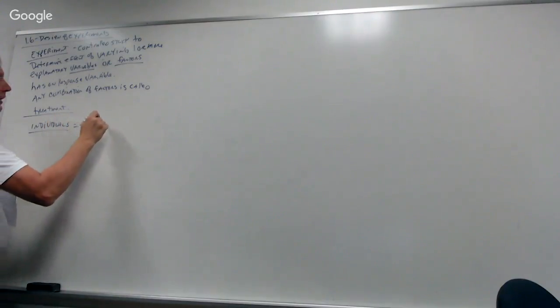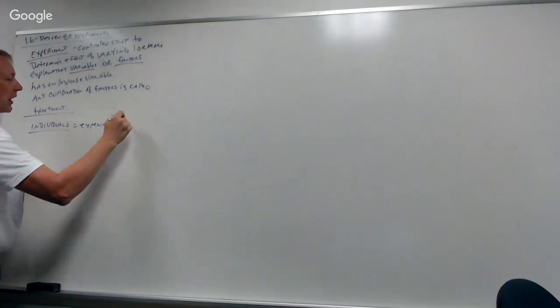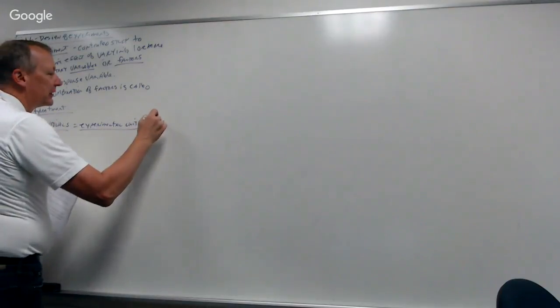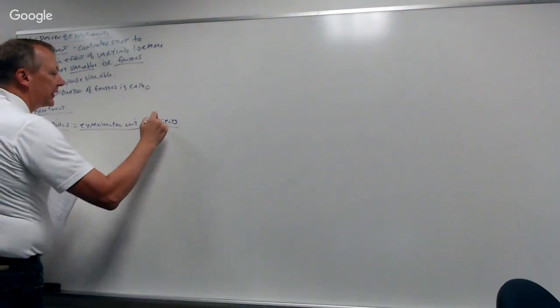So in the past, we've talked about individuals. In this section, it's called an experimental unit, which we will never use again in this class. Or we could use subjects. They're all the same thing, okay? Just an object defined by data.